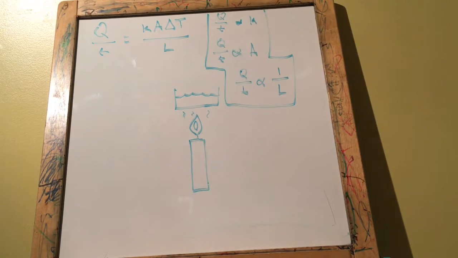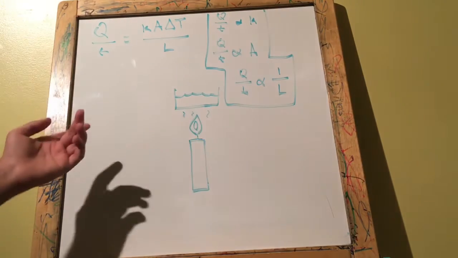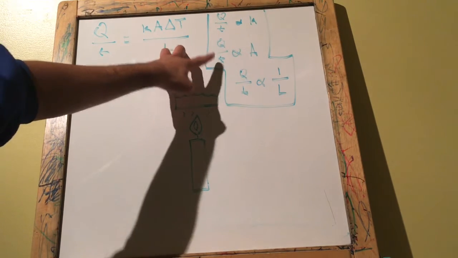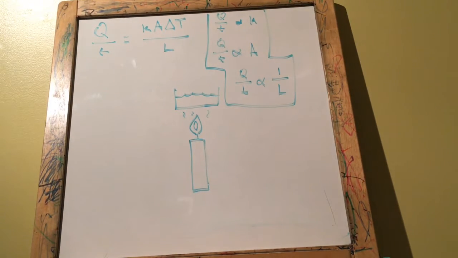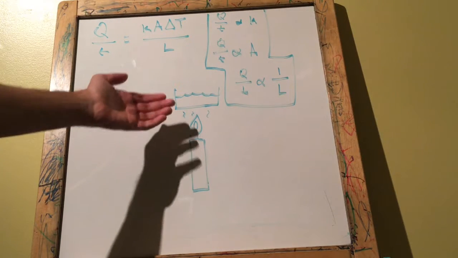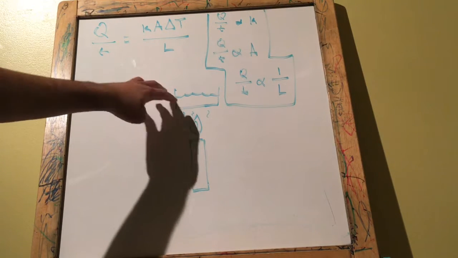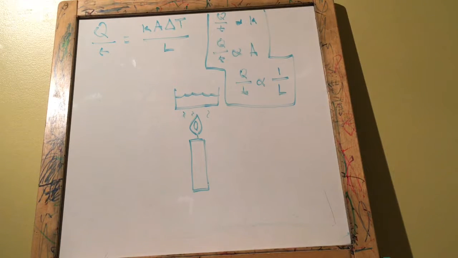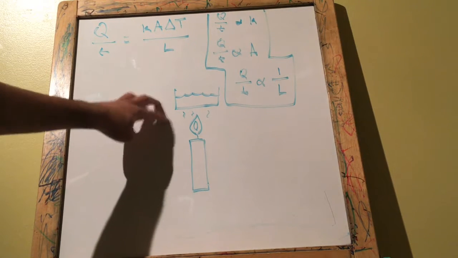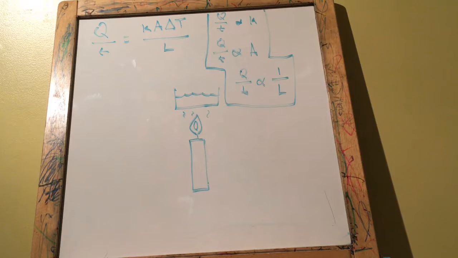We can see that the cross-sectional area of what's actually being heated is proportional to Q over T. So the bigger the cross-sectional area of what you're heating is, the greater the heat transfer will be. So if you had a larger flame, or you shaped the engine in such a way that more of the surface will be in contact with the flame, more heat will be transferred.